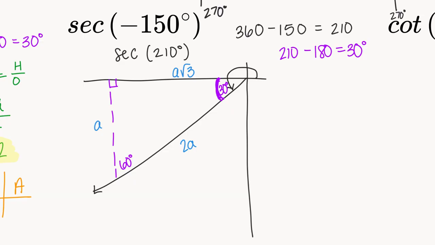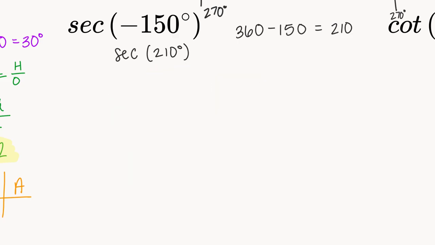Okay? Again, looking at it according to this angle that now I have in green, I have my hypotenuse, my opposite side, and my adjacent side, and I'm looking for secant. Secant is the inverse of cosine, and that's going to be hypotenuse over adjacent.